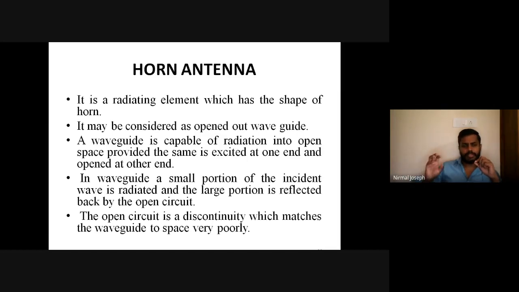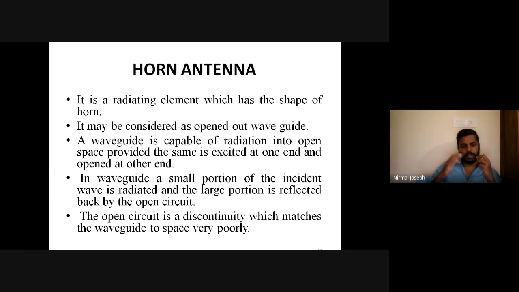So we should find a way to open the end of the waveguide in such a way that it radiates the maximum. The reflection should not be that much, or the percentage of reflection should be minimized.